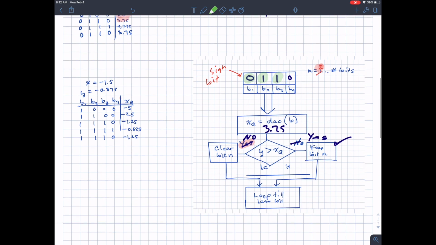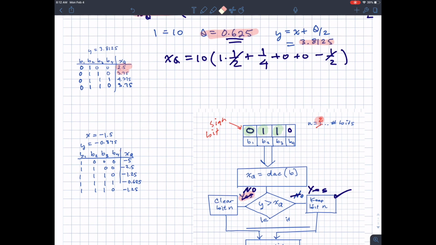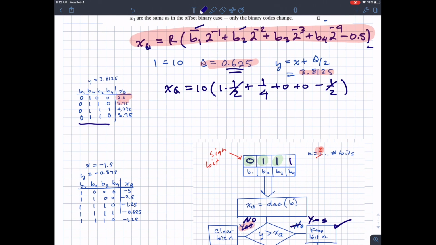Let's go to the next stage. For the next stage, we would set the b4 bit. When I set the b4 bit, that turns these on. When you plug that into the xq formula, you get, I'm sorry, I got the wrong line here. When you set those to 0, 1, 0, 1, 1, 1, you produce an output of 4.375.